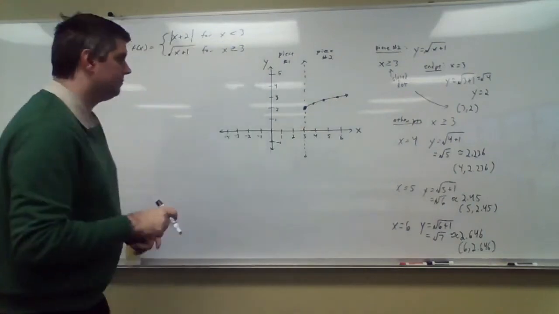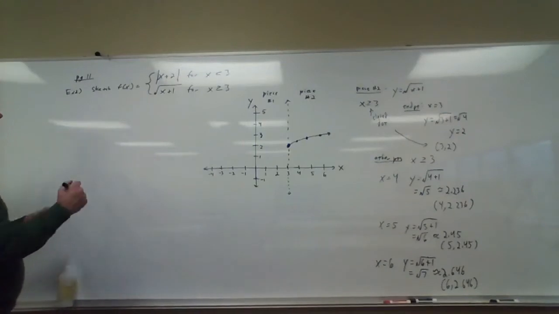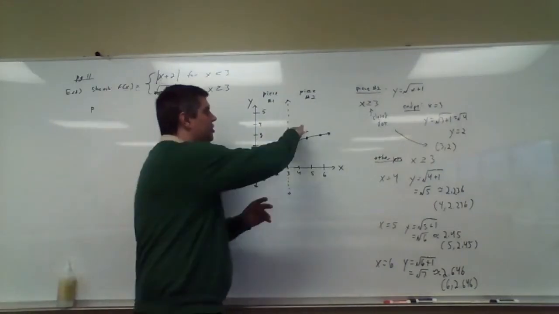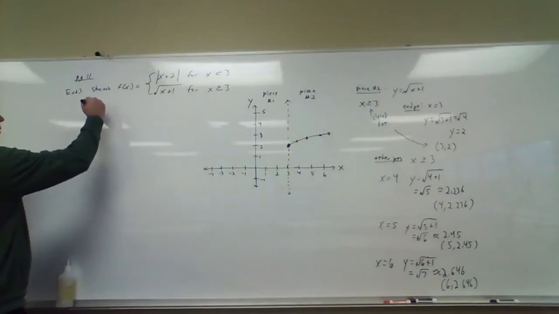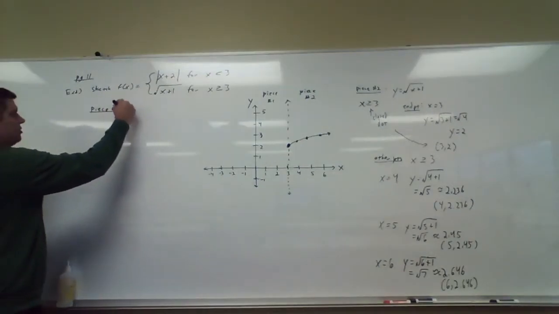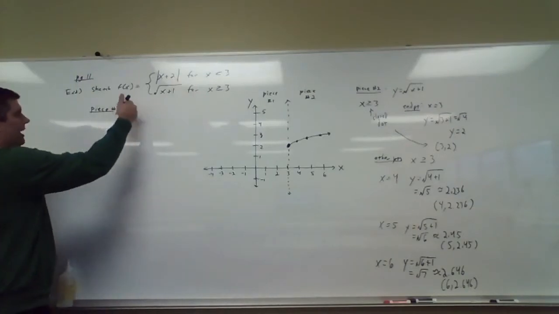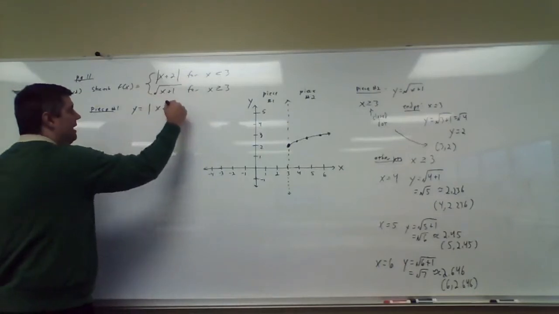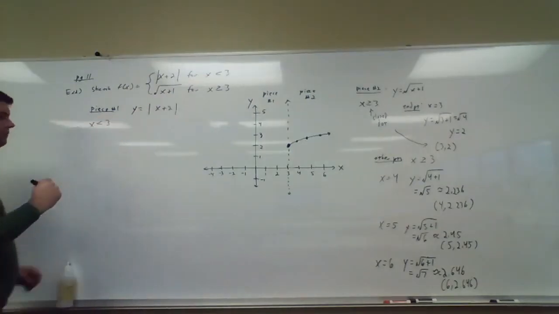All right. So we also need to do piece number 1. If piece number 2 goes this way, any other piece would have to go this way. Piece number 1 follows the rule y equals the absolute value of x plus 2, and x has to be less than 3.